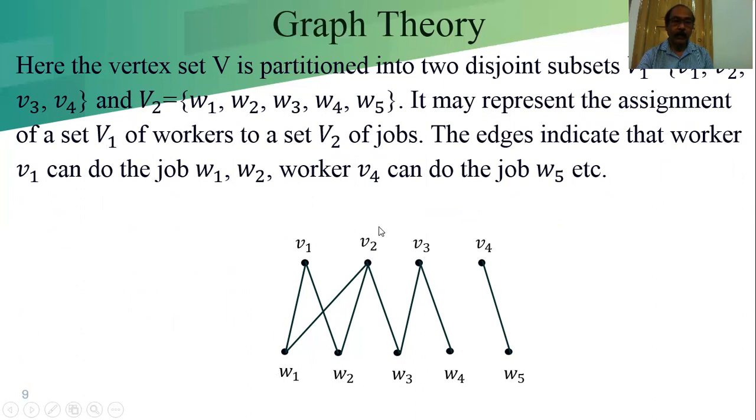Worker V2 can perform the jobs W1, W2 and W3 also. Worker V4 can perform only one job, W5. So that interlink we can represent by a graph, also known as the bipartite graph.